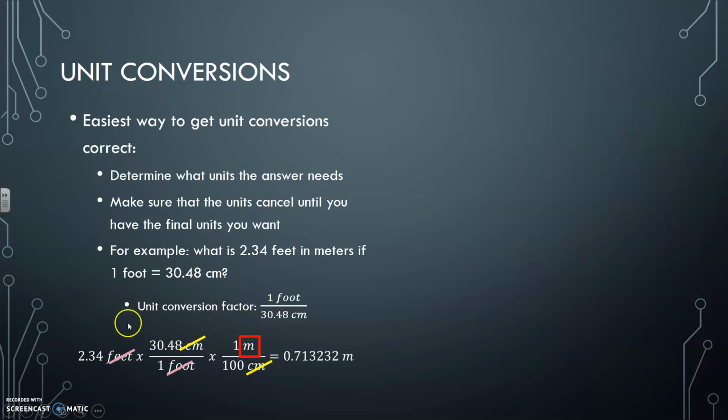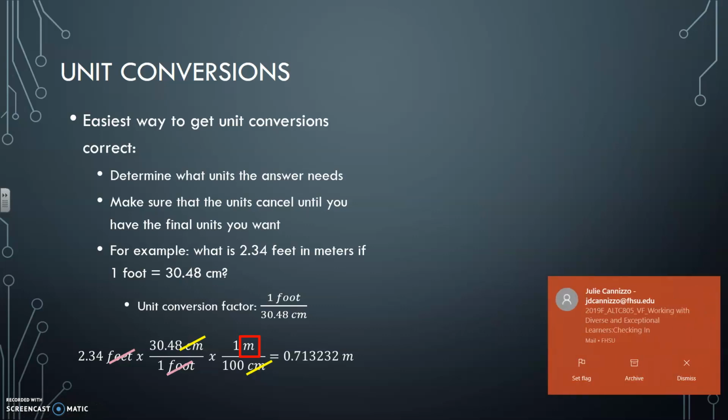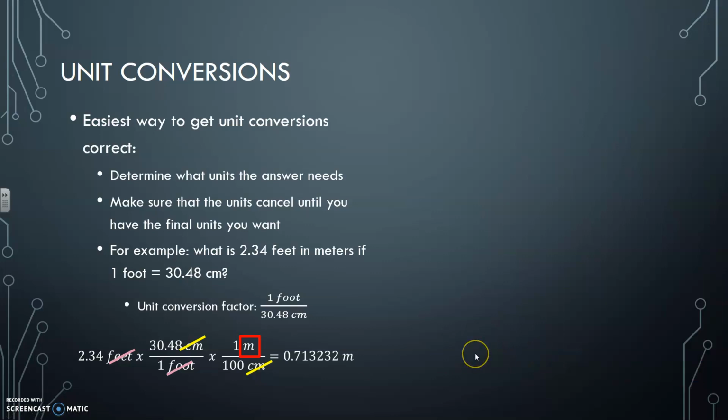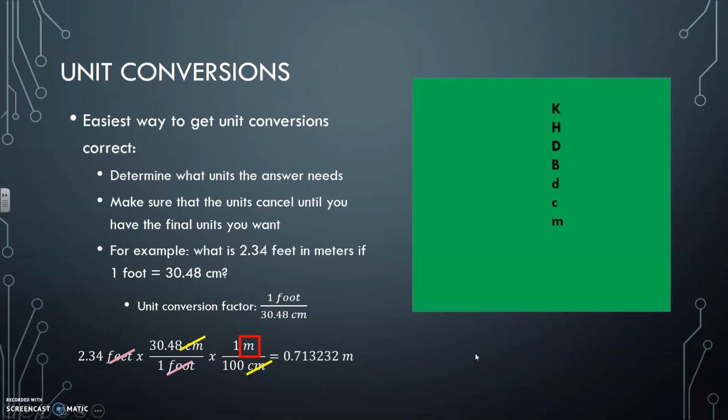Then you multiply everything that's on the top and divide by everything that's on the bottom. So you would do 2.34 times 30.48 and then divide that answer by 100. And that's where you get this number, 0.713232. And then again, units. Can't forget your units. So that leaves you with your correct answer there.